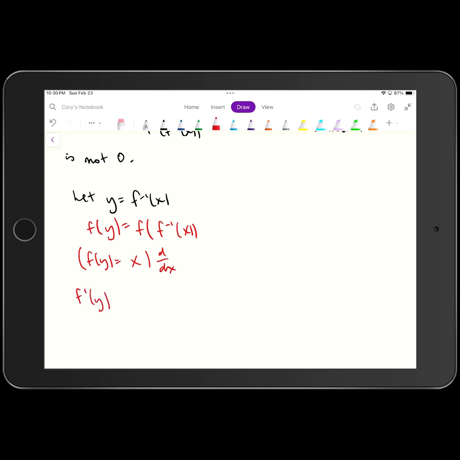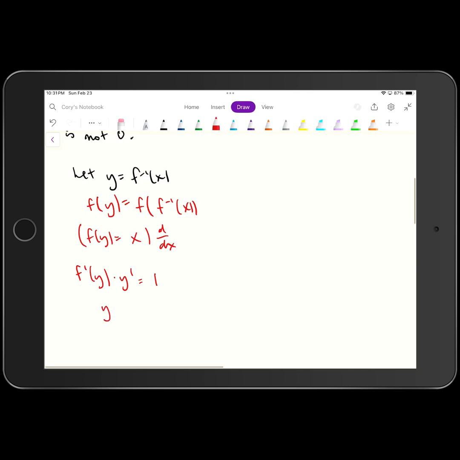We evaluate that at the inner function y, and then we multiply that by the derivative of the inner function, and the derivative of y is y prime. And that's going to be equal to the derivative with respect to x of x on the right-hand side, which is 1.